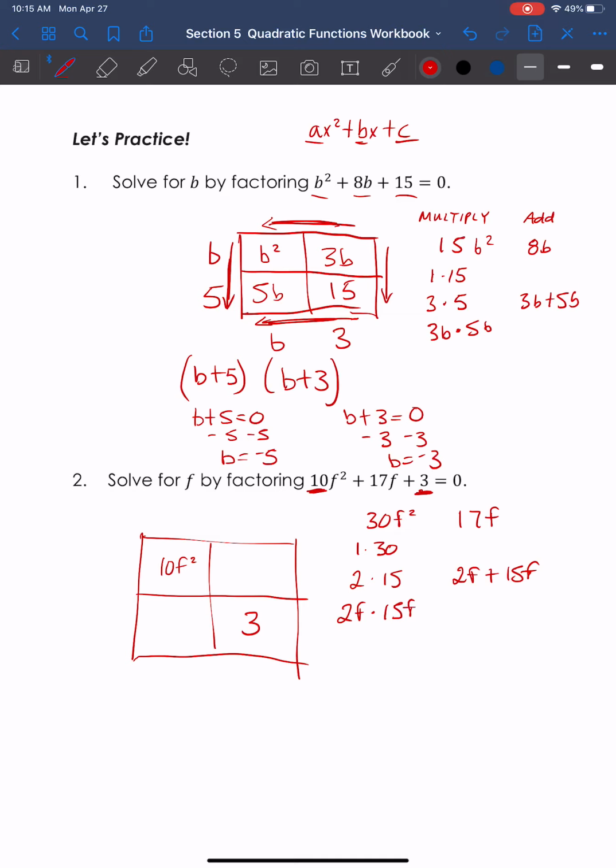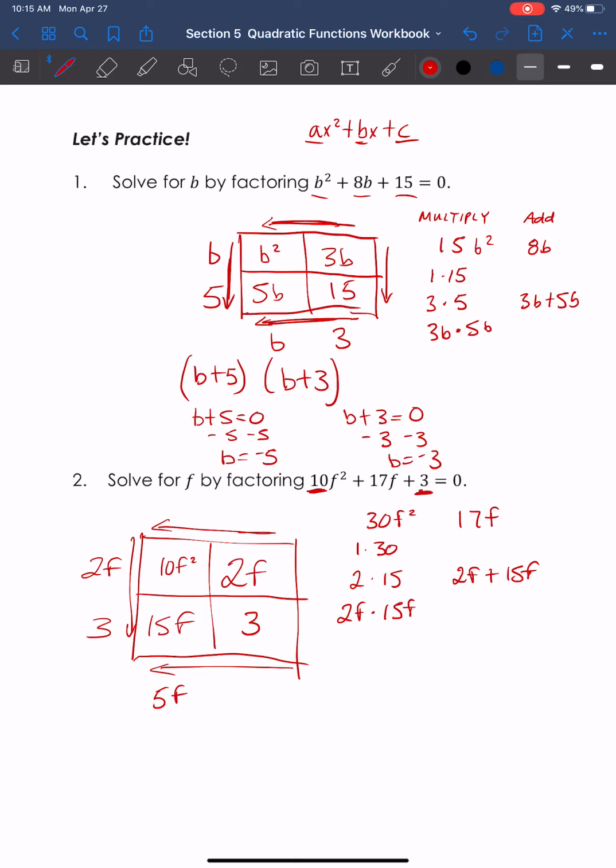Again, the order of the numbers does not matter. We'll factor it in all 4 directions. My top row shares a 2f, my bottom row shares a 3, and my left-hand column shares a 5f.